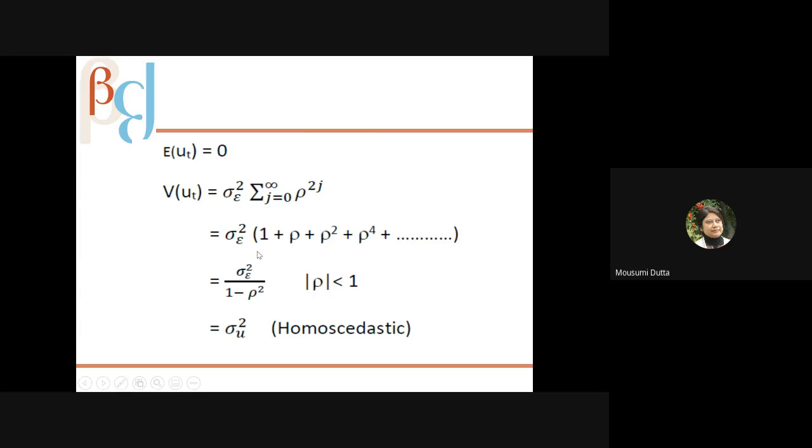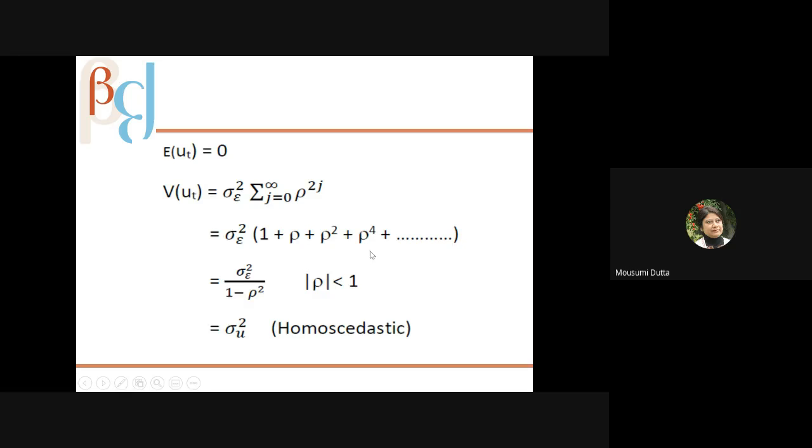That will be sigma epsilon square into 1 plus rho square plus rho to the power 4, etc. This rho term will not be there. I am repeating: sigma epsilon square into 1 plus rho square plus rho to the power 4, etc.